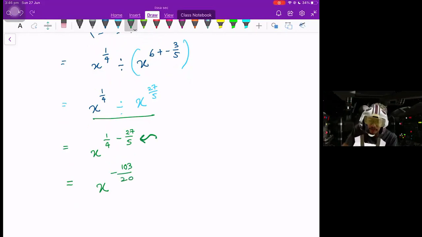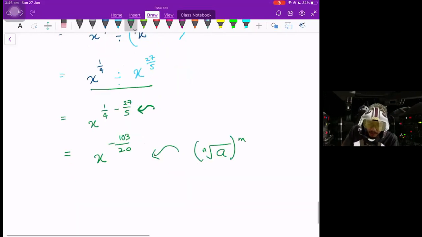Now, let's change this to the form of a to the n power of m. We know that this is a negative number.